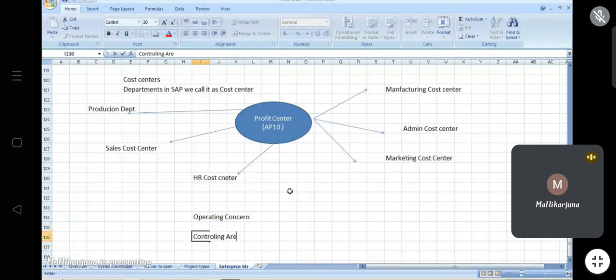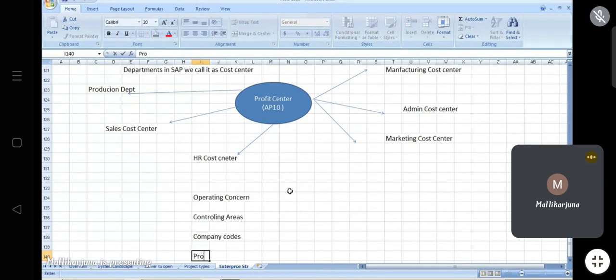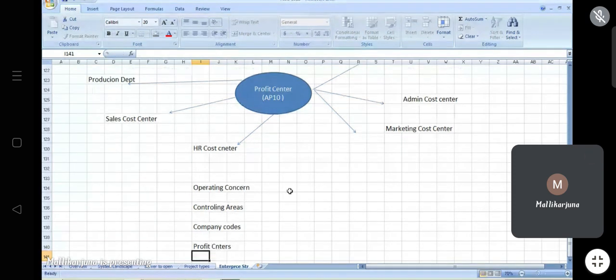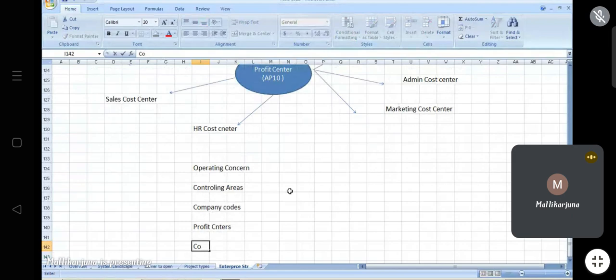Controlling areas can be one or can be n number of. Company codes, profit centers, cost centers. The first one is client, right?